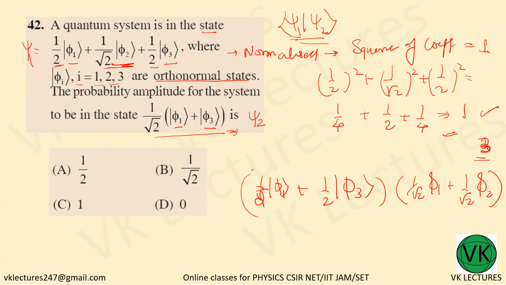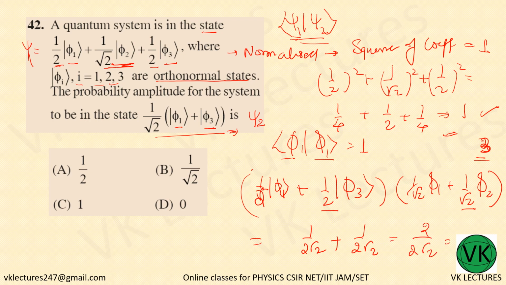It is independent of phi 2. So 1 by 2 into 1 by root 2 plus 1 by 2 into 1 by root 2, that is 1 by 2 root 2. And phi 1 is nothing but 1. That is just like row and column multiplication. So 1 by root 2 plus 1 by root 2, 2 by 2 root 2. So what is left is 1 by root 2. So your answer is B.